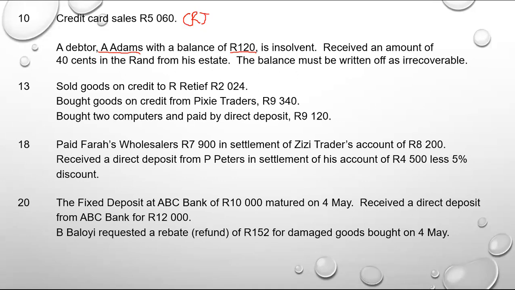Insolvency is when your assets are not enough to cover your liabilities. So when your liabilities are more than your assets, they say you're insolvent. It's when you're unable to pay back your creditors or whoever you owe. So basically, A. Adams here can't pay us back because he doesn't have money. He has more debts than assets.